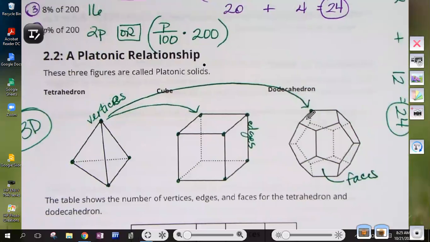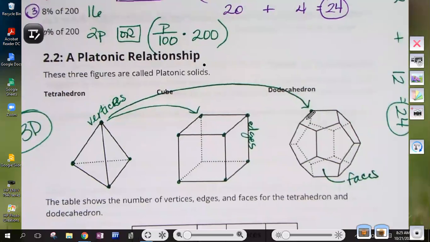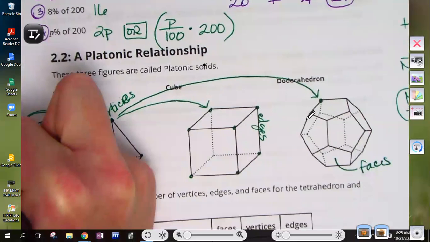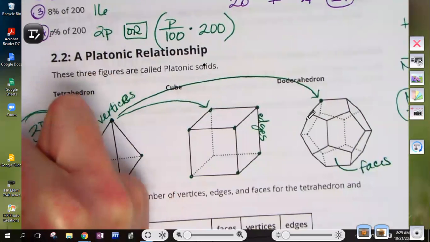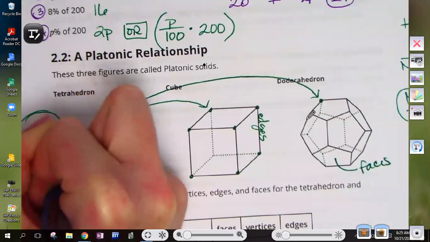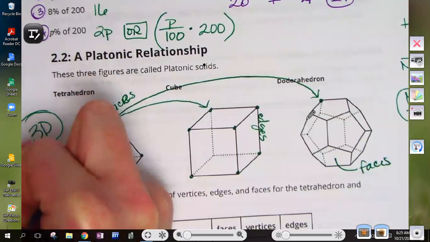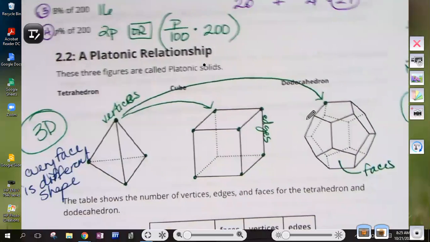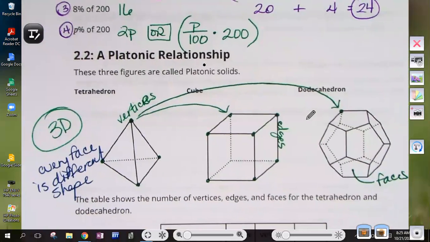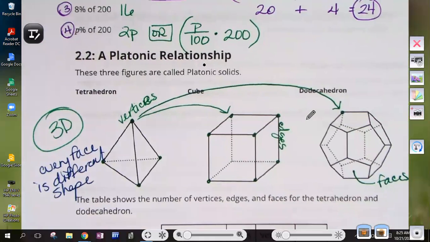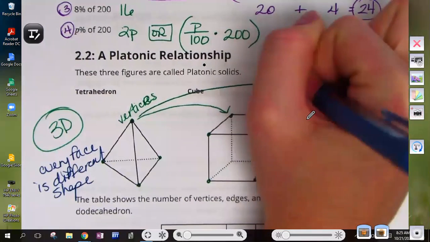Okay, so let's start pointing out some differences. What are some differences that we notice? Jordan, every face is a different shape. So every face is a different shape. All right, what else? Tyler, different amounts of vertices. Different amounts of vertices. Good.